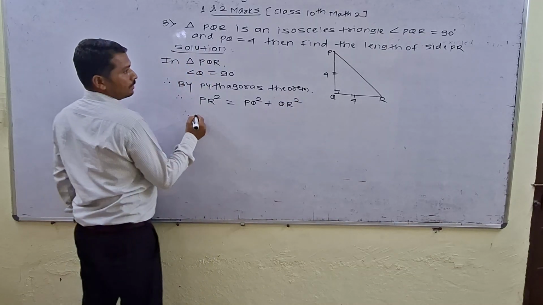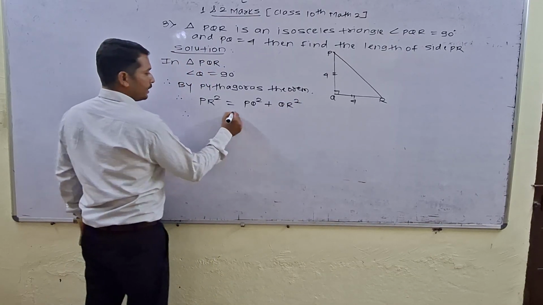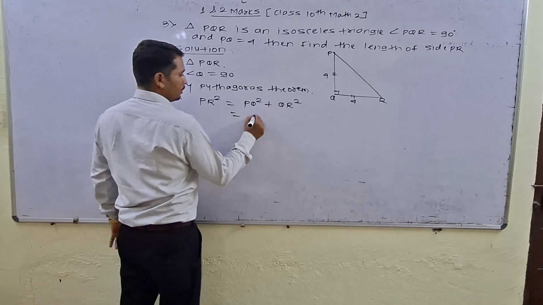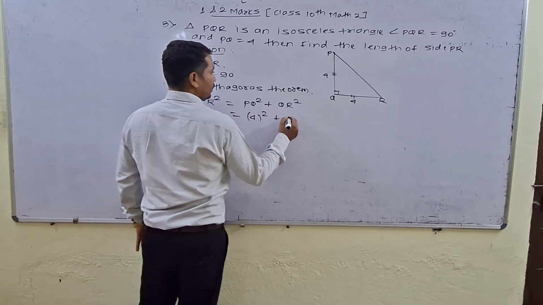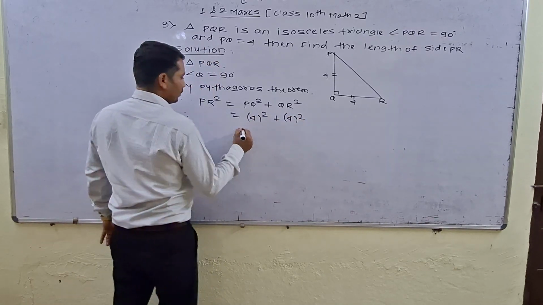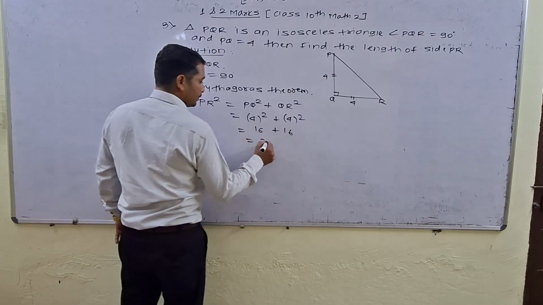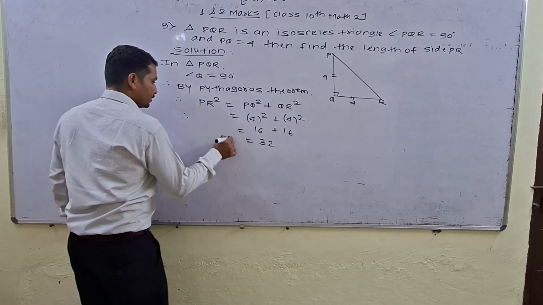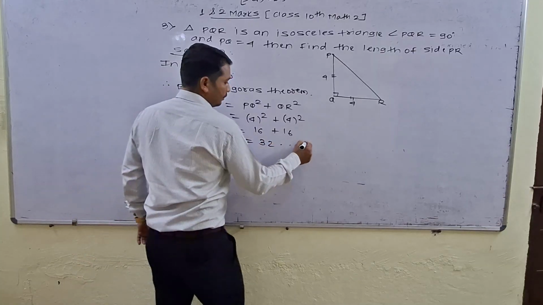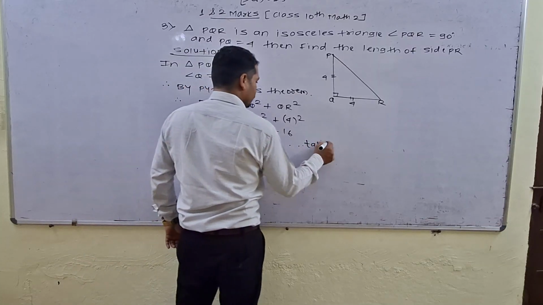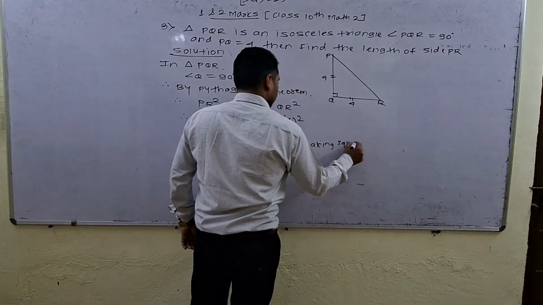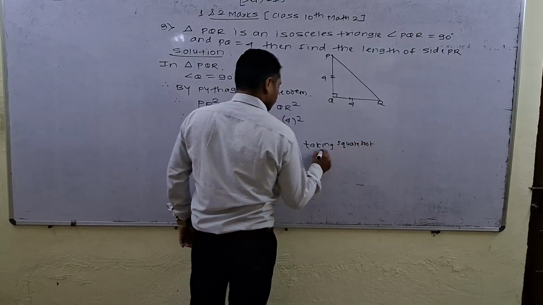PQ is 4, so 4 squared is 16, and QR is 4, so 4 squared is 16. 16 plus 16 is 32. PR square is equal to 32. Taking square root both sides.